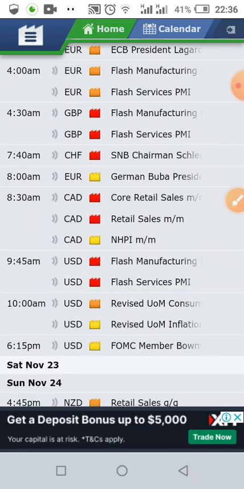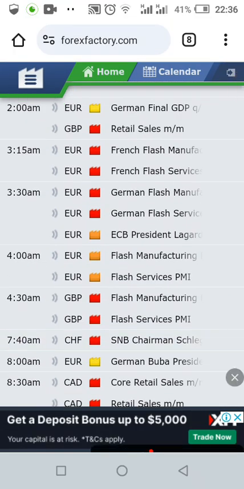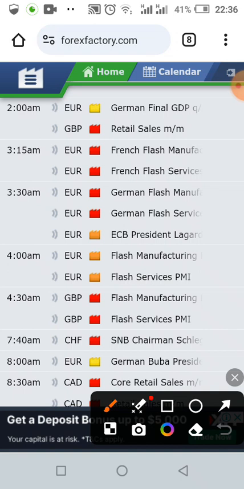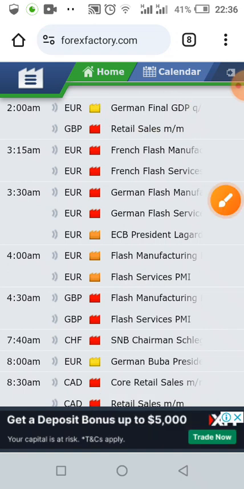And then also the bank holidays. The bank holidays will have a gray folder, and it will actually be written in the notes that it will be all day, meaning that you will not trade an instrument if its country has a bank holiday, be it its currency or a stock index which tracks stocks of that country.